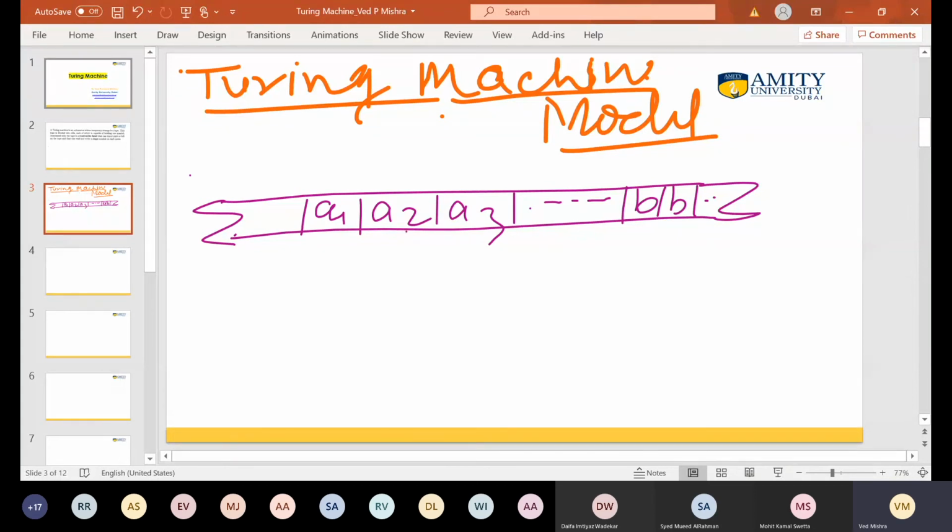And you will have one tape, and with that tape you will have one read-write head, and that read-write head will be controlled by a finite control machine.